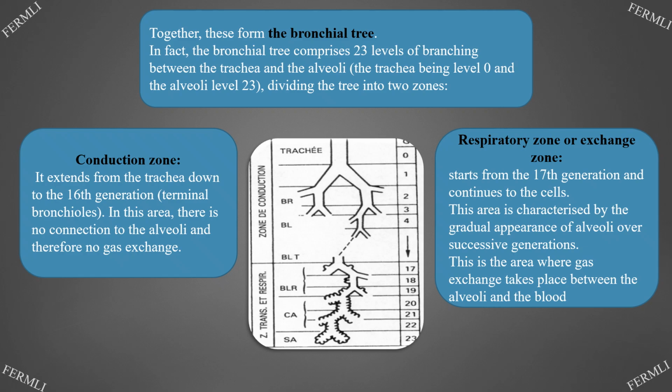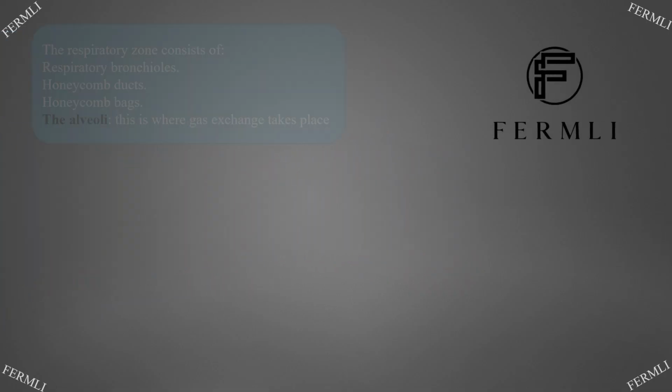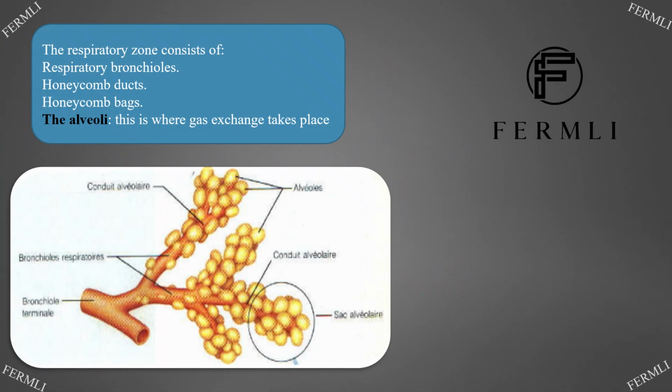This is the area where gas exchange takes place between the alveoli and the blood. The respiratory zone consists of respiratory bronchioles, alveolar ducts, alveolar sacs, and the alveoli, this is where gas exchange takes place.